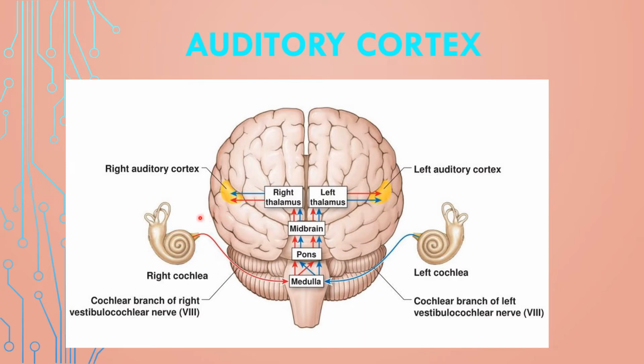From both ears, the message is sent to both halves of the brain, and the process is done in parallel streams. So from the cochlea, the nerve impulse travels to the thalamus and then to the auditory cortex, and there the perception happens.